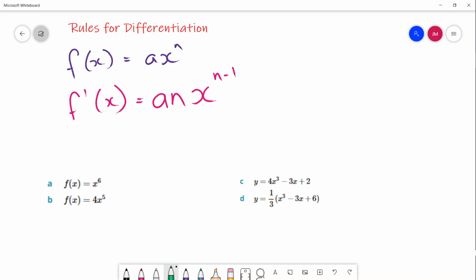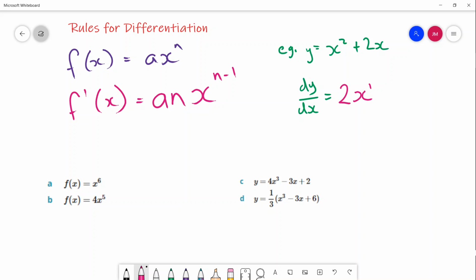Last lesson we looked at the example x squared plus 2x as our original function. I'm going to use the notation y equals. So the derivative, or dy dx, in this case we take the power, which is 2, multiply the front, 2x, and then the power of x drops down to 1.